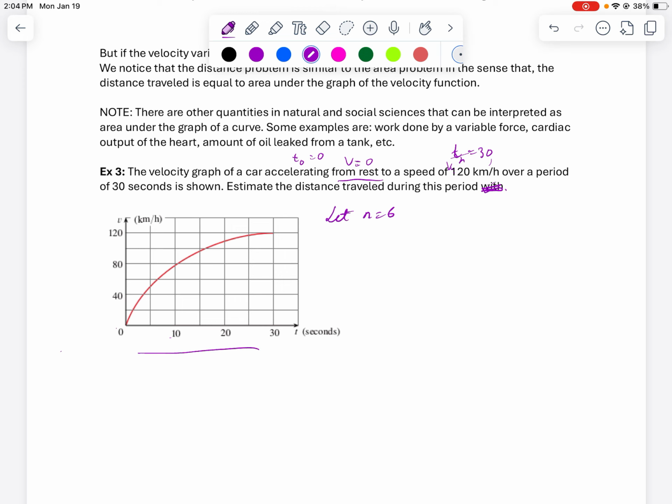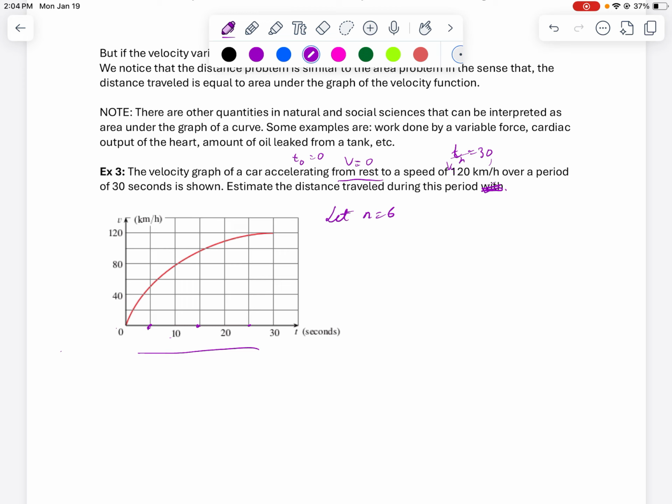We have another grid that we can use to easily get the value of the function from there. So let n be equal to 6. The interval is from 0 to 30. So t is from 0 to t is equal to 30. So our a will be equal to 0, b will be equal to 30.